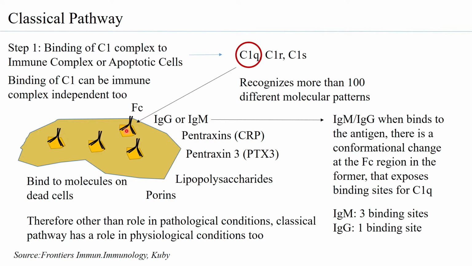And so you must understand that when C1q is in circulation, it will not go and bind to another antibody that is in circulation. It is going to bind to an antibody only and only when that antibody has bound to an epitope on the surface of a cell or a microbe or a pathogen, and the Fc region has changed its conformation to expose the binding site.